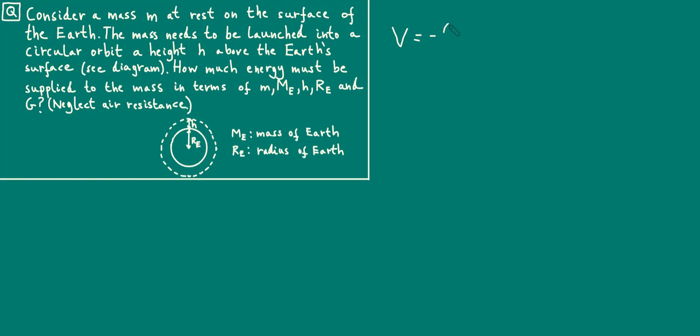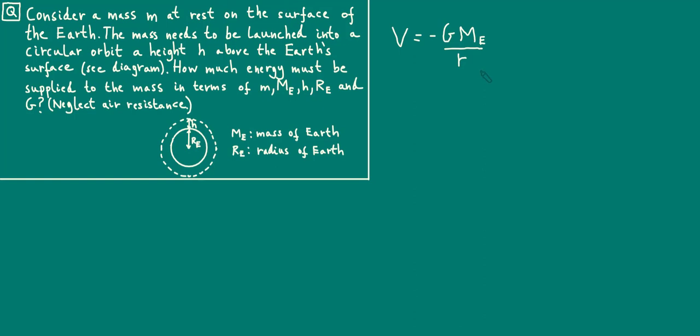minus the gravitational constant, big G, multiplied by the mass of the planet, which here is just the mass of the Earth, divided by the distance r, which represents the distance from the center of the planet to the point that we're considering.